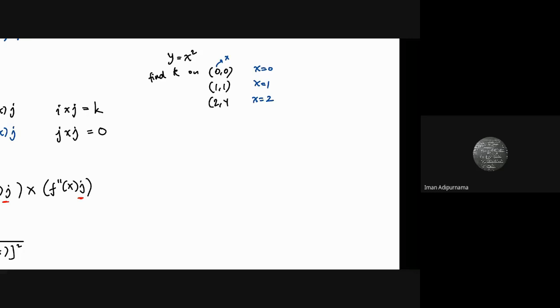Okay, so if you want to find the curvature at each point here, we can do that by taking the derivative and the second derivative, and then we can input them in our curvature formula. So this will be the formula.